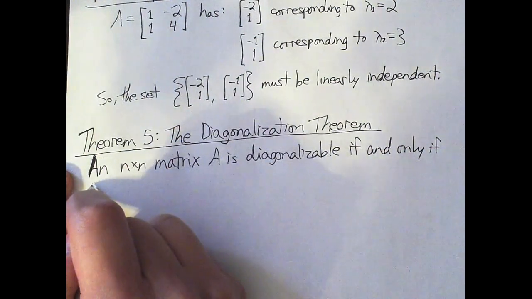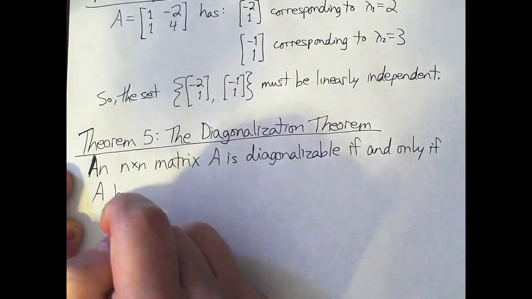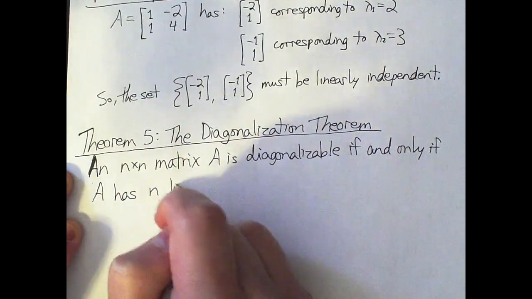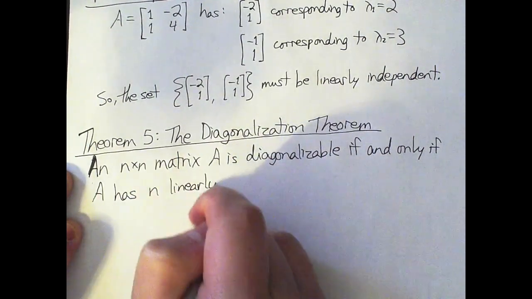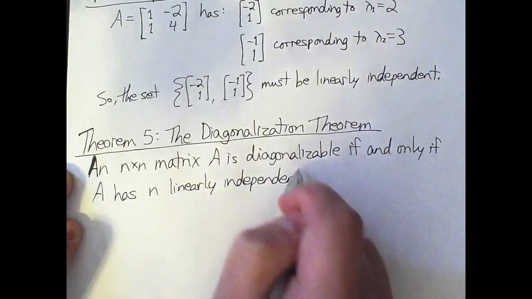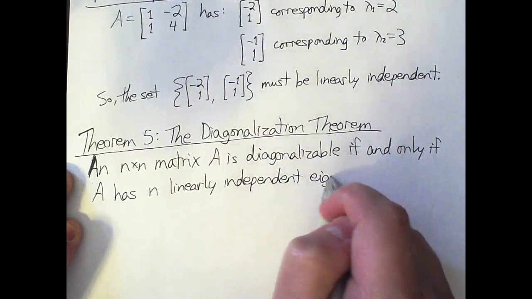If and only if A has n linearly independent eigenvectors.